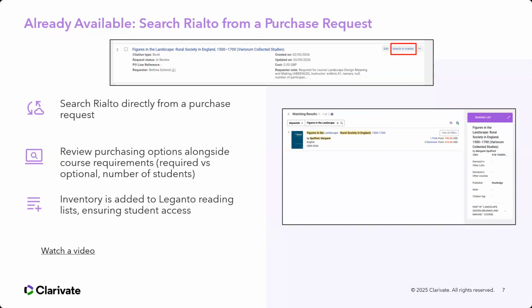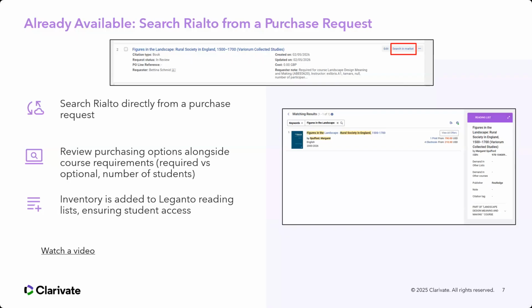And then because it's all linked together, the inventory that you buy is linked to the purchase request, which is linked to the citation. So it updates that information at the end of that flow. So again, there's a video here if this is something that you're interested in. We won't cover these today because they're not new. They've been out for a while, but I didn't want to ignore them because they are part of the options that are available when you're working across Leganto and Rialto.